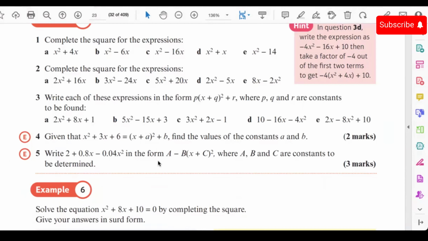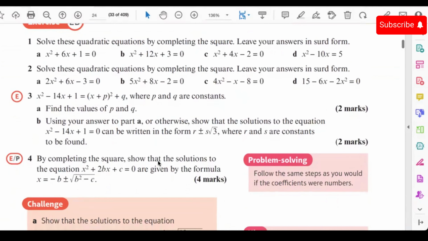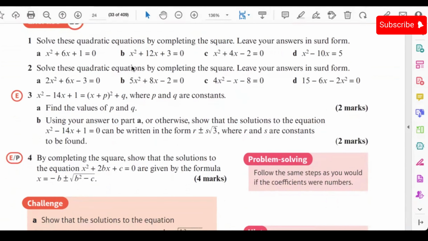If you have any complication or difficulty, just comment in the comment section of this video. I would also suggest you solve this equation as well, where you can try completing the square or the quadratic formula.